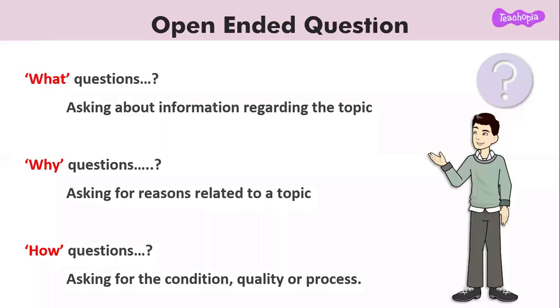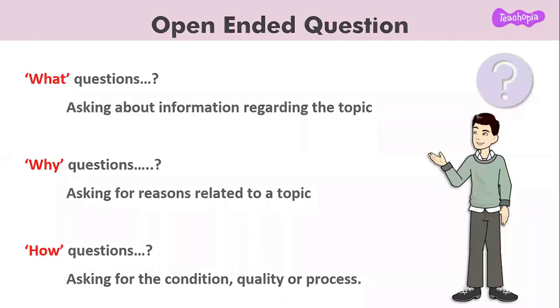They give us answers based on information regarding the topic. And when we're asking why questions, we are asking for reasons related to a topic. And when we're asking how questions, we are asking for the condition, quality, or process that is included in a topic. So remembering all of this will help us frame open-ended questions.